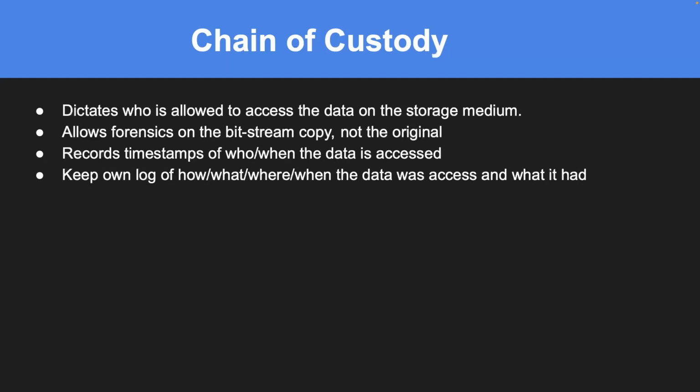And transfers between people and places of storage will be documented in some form, like who received the evidence, the purpose of the transfer, and the date and time of the transfer. And these transfers must take place in a secure manner.